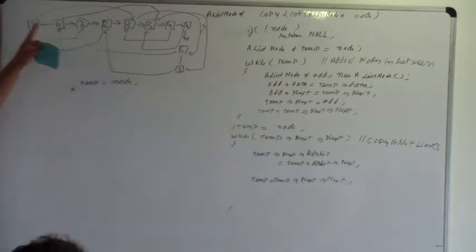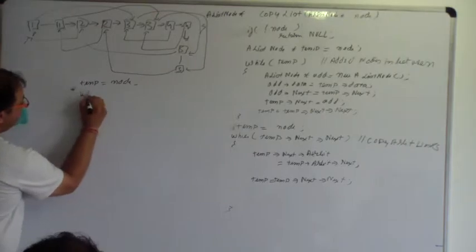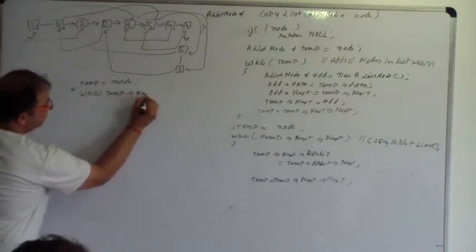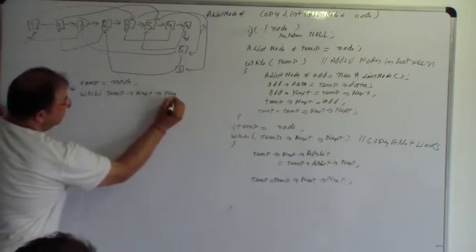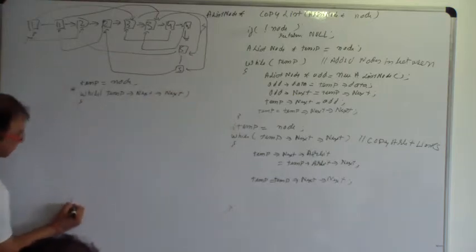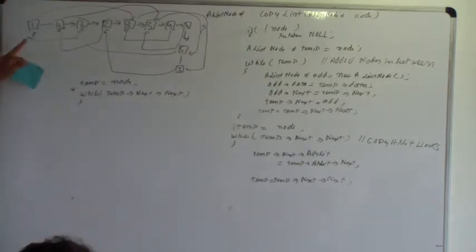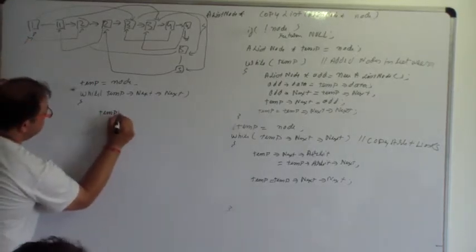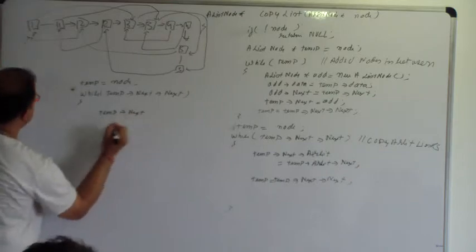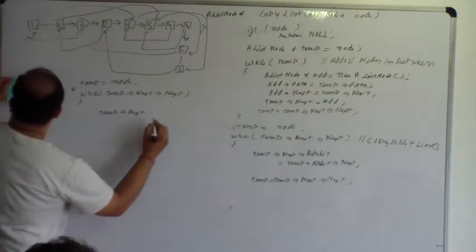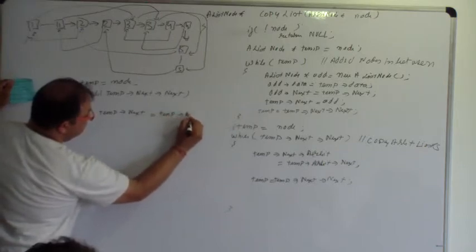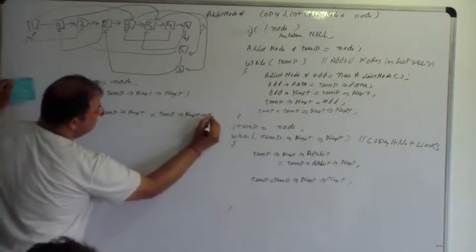We'll again move the temp over here, and then we will do while temp arrow next exists. Then we will say temp arrow next. Temp arrow next is equal to temp arrow next arrow next.